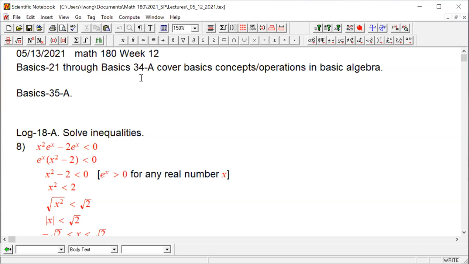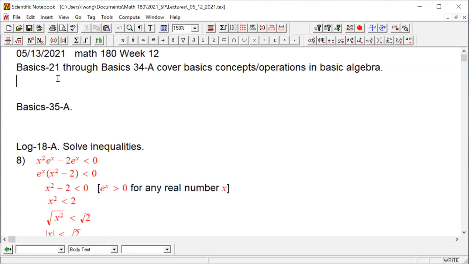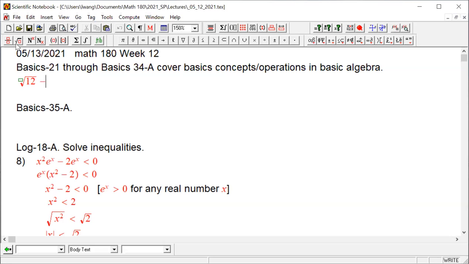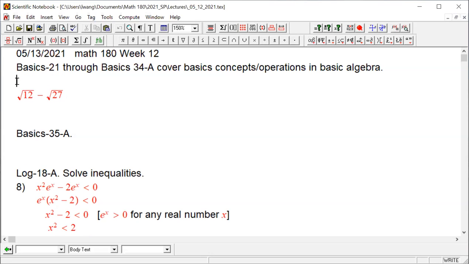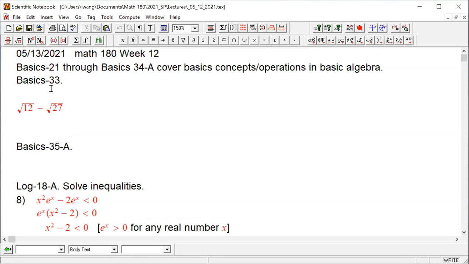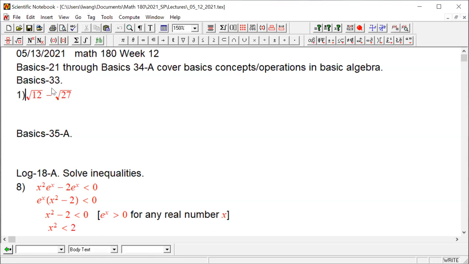So for example, I'm going to give you some very simple ones, right? You might encounter this in calculus 2. I'm not even talking about calculus 1. This is on basic 33, number 1.